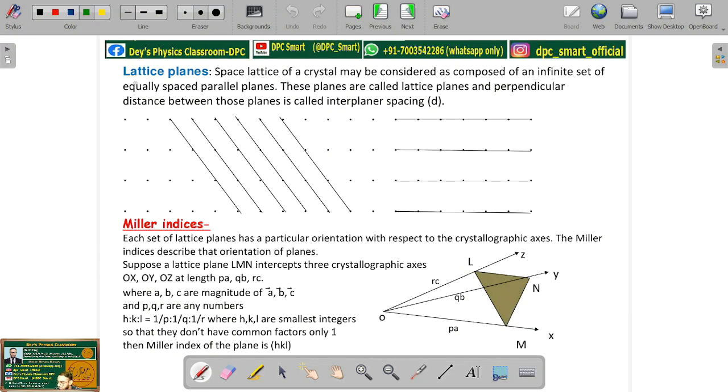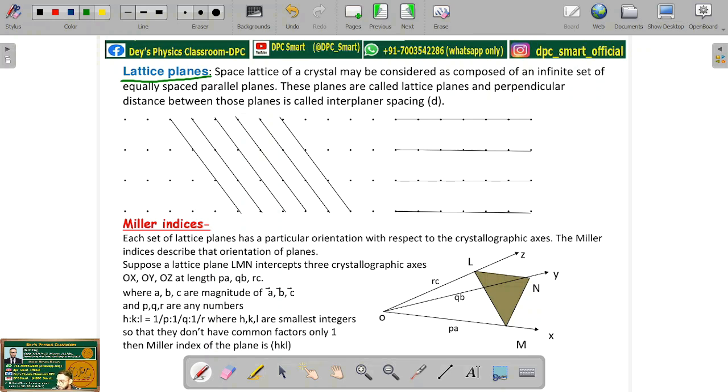Next I will discuss what lattice planes are. In the previous slide we discussed lattice points. Lattice points, or simply the lattice of a crystal, may be considered as composed of infinite sets of parallel equispaced planes. The distance or perpendicular distance between those planes is called interplanar spacing.